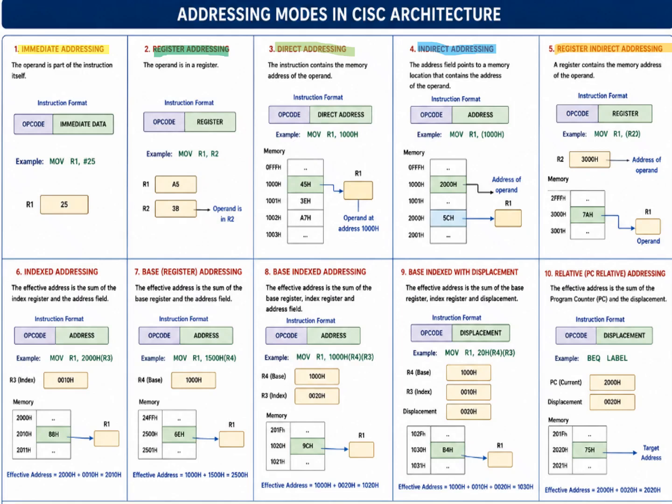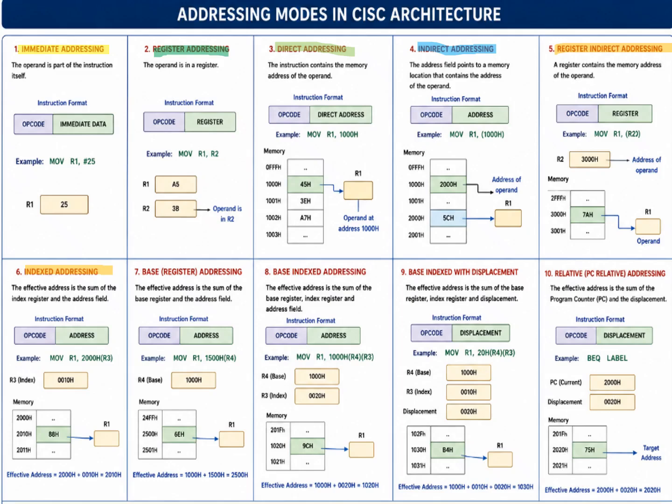Next one is indexed addressing. Indexed addressing is where the effective address is the sum of the index register and the address field. So what will you do here?